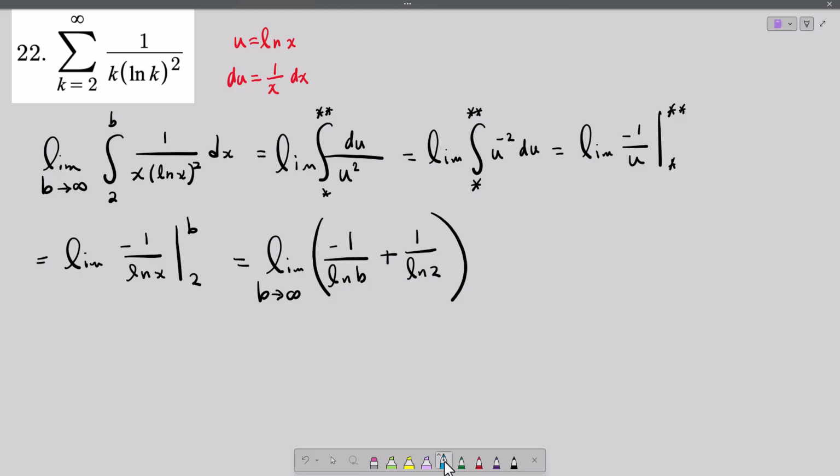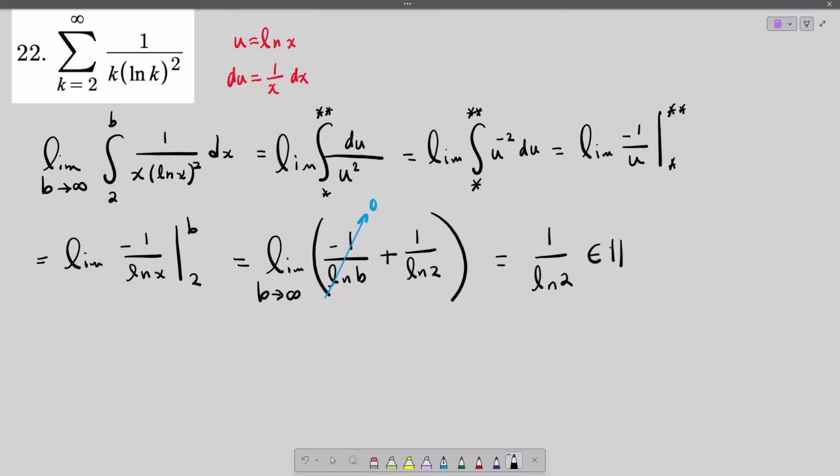And what is true about this very first fraction right there? Where does that go? 0. Natural log of b, as b goes to infinity, the natural log function grows without bound. So 1 divided by a function going to infinity goes to 0. Therefore, our limit is 1 over natural log of 2.